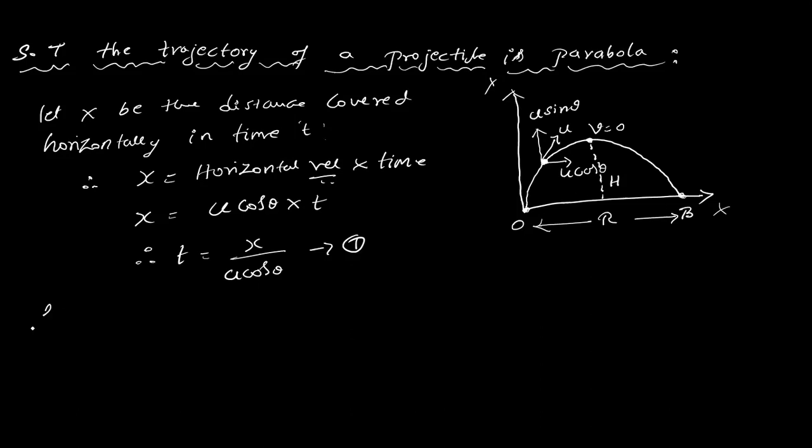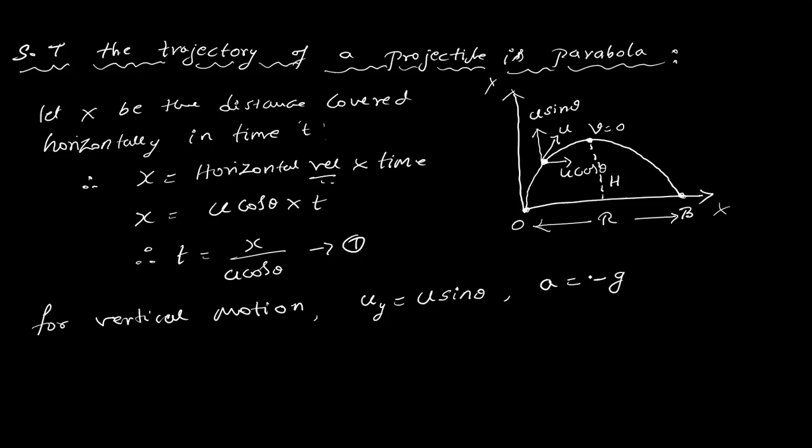Now for vertical motion, observe, I can take u as uy, write it as u sine theta for that vertically. And the acceleration, so it's going against gravity, hence it is minus g.